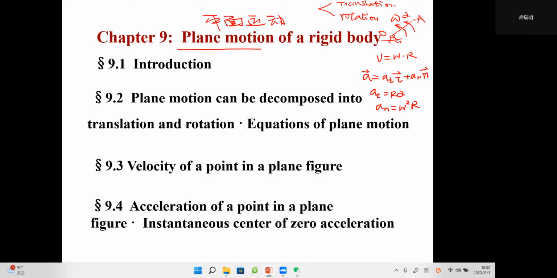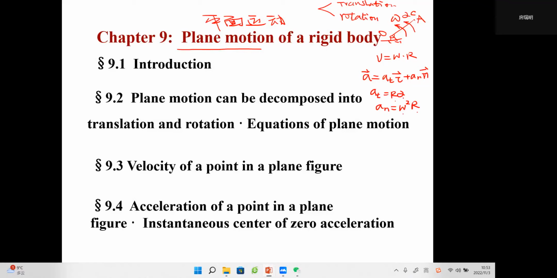Let's say that point is C. Actually, that point C is distant from the rotation center O, right? So for any other point on this same rigid body, you only need to know its r. A different point on the rigid body will have a different r.